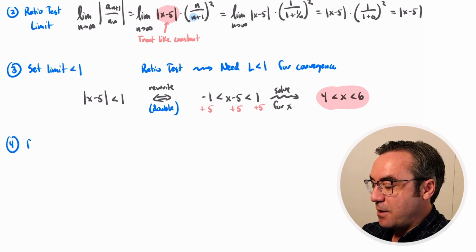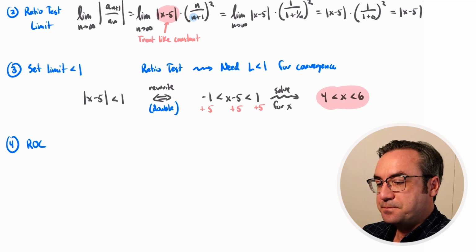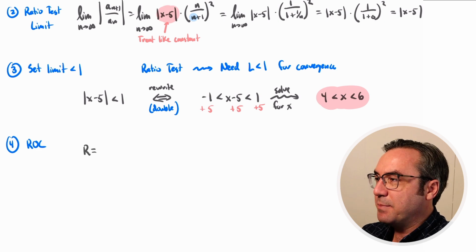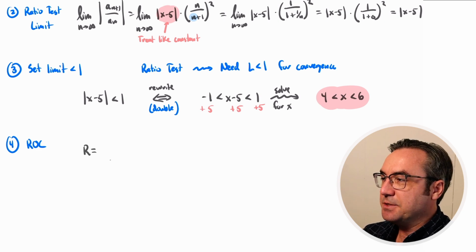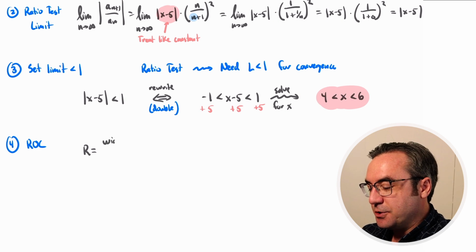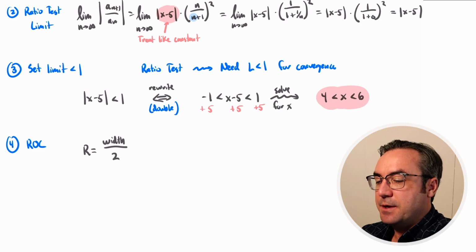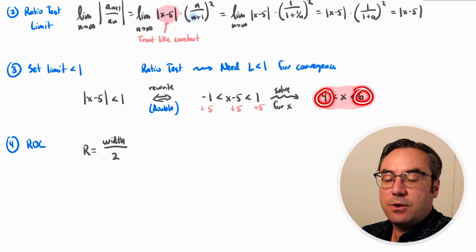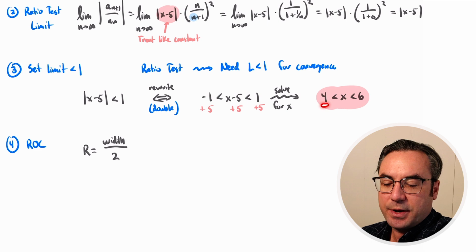So now we're ready for our radius of convergence. We'll call this capital R. And if we remember, the radius of convergence is the width divided by 2. This is almost our interval. We just have to check the endpoints, but the endpoints don't really affect the width of this interval.